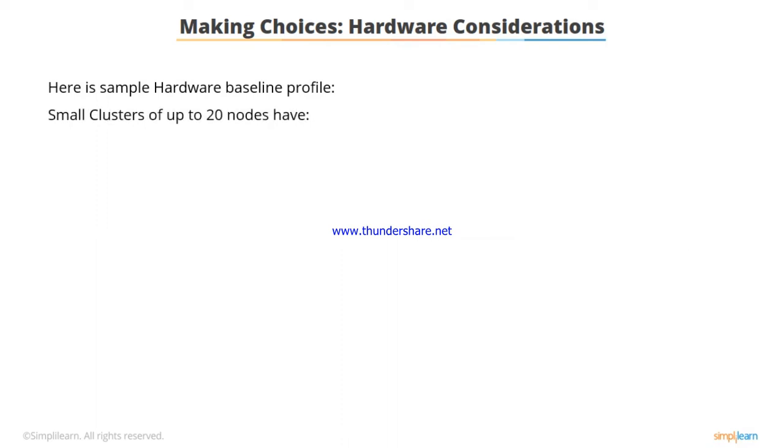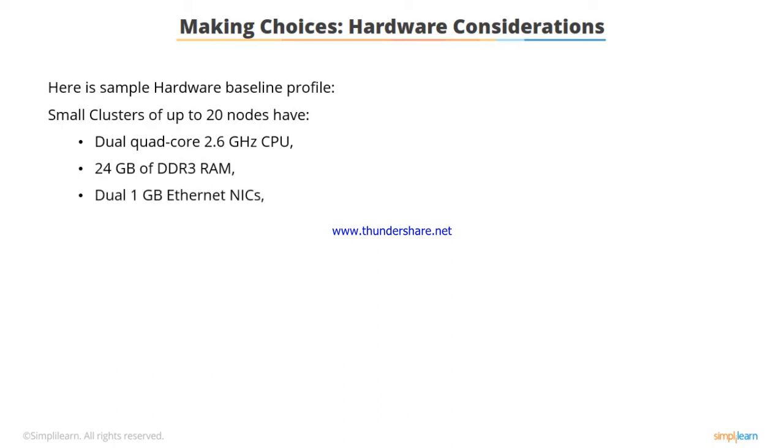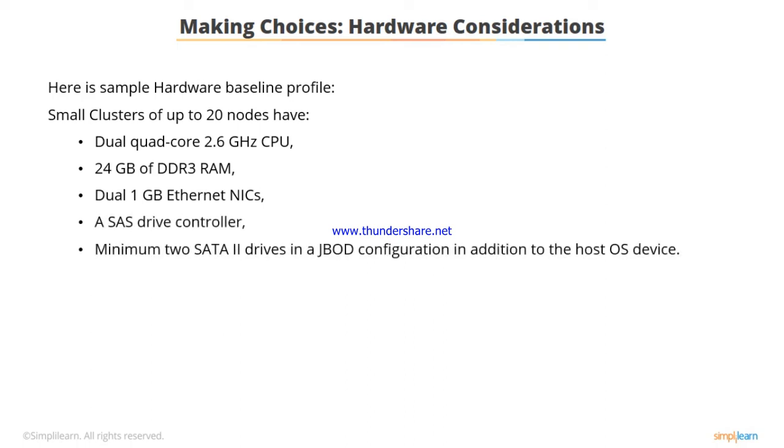Small clusters of up to 20 nodes have dual quad-core 2.6 GHz CPU, 24 GB of DDR3 RAM, and dual 1 GB Ethernet NICs, a SAS drive controller, and at least two SATA 2 drives in a JBOD configuration, in addition to the host OS device.